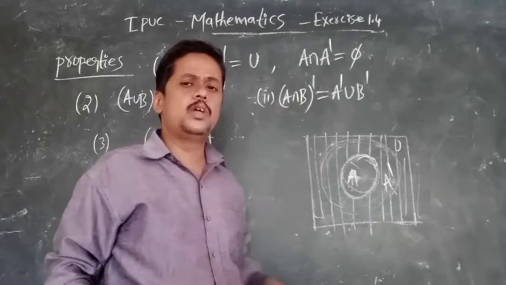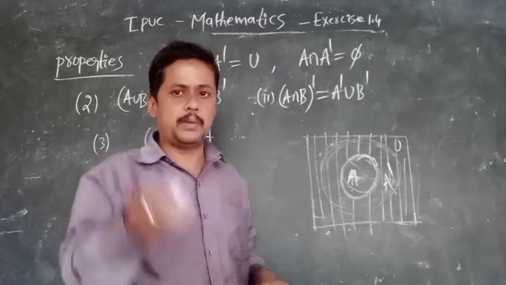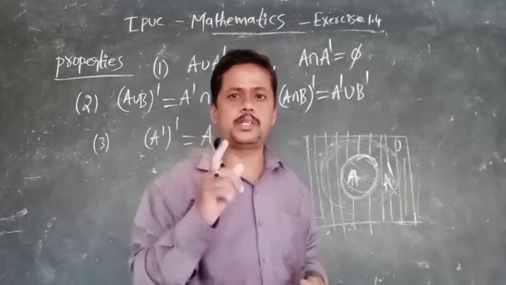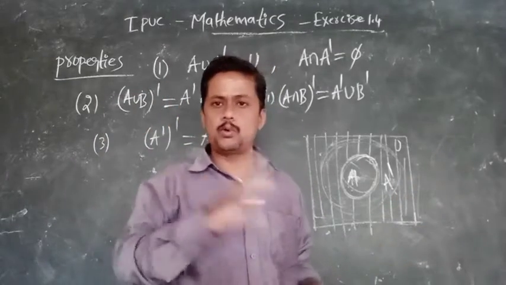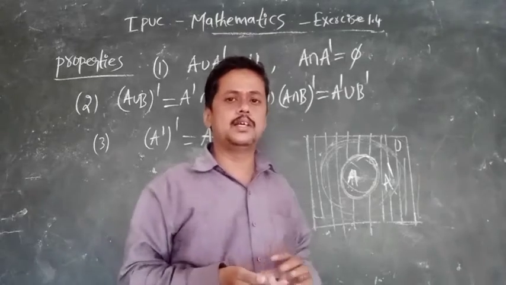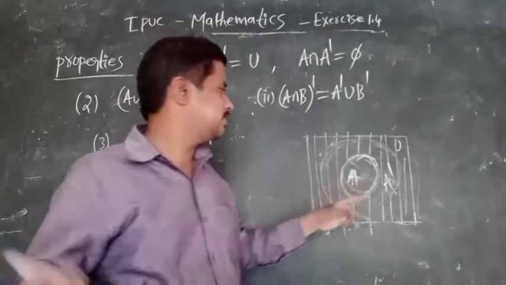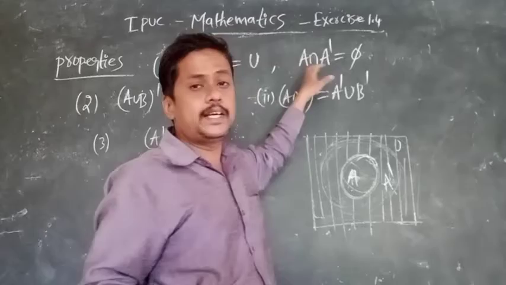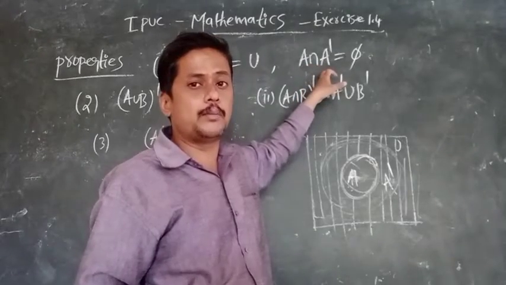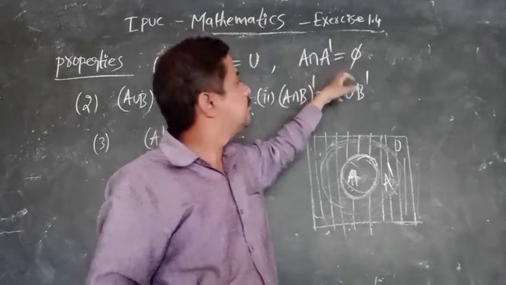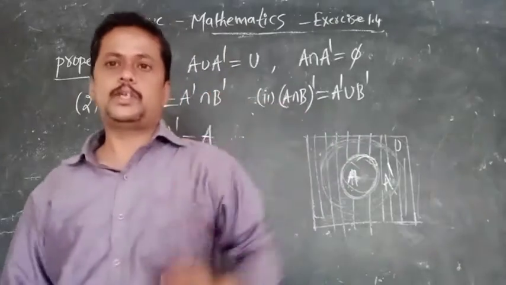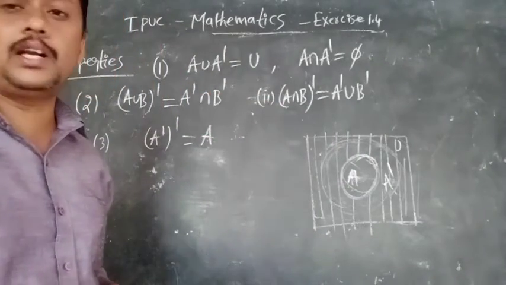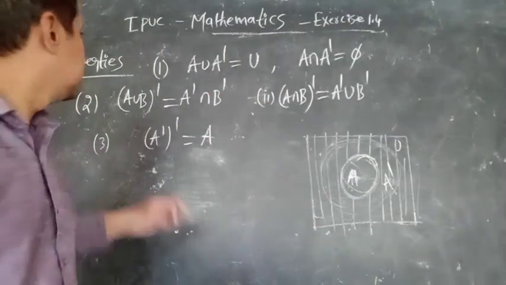Like people in our house and we inside the house, whatever one brings, the other cannot use it. So they are different disjoint sets. A intersection A dash means there is no common element. That's why the value is phi. Okay, A intersection A dash equals to what? Phi.